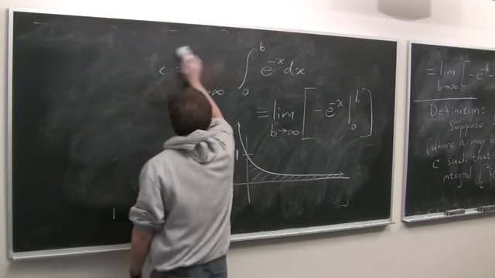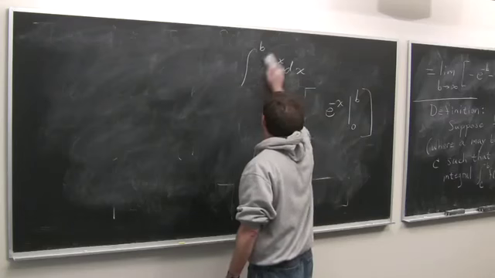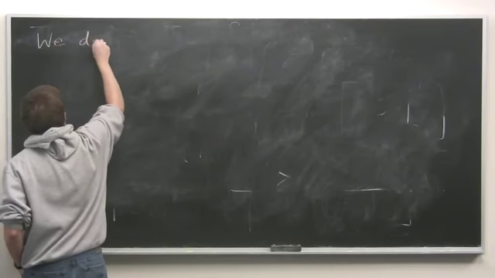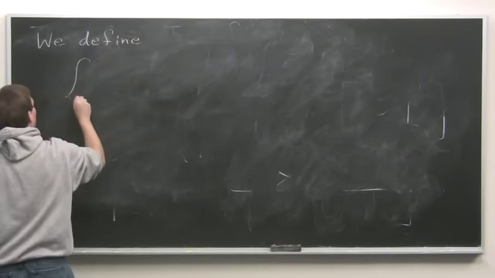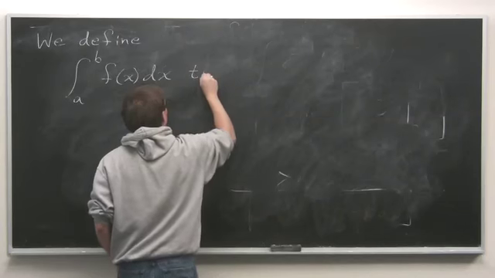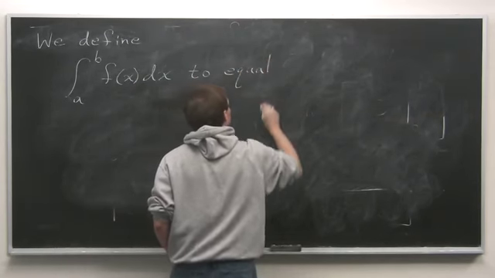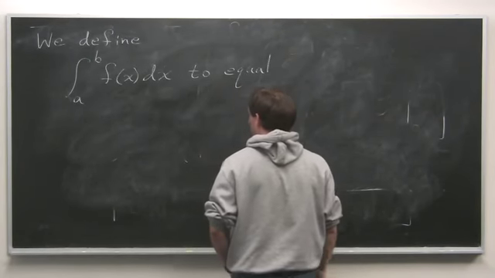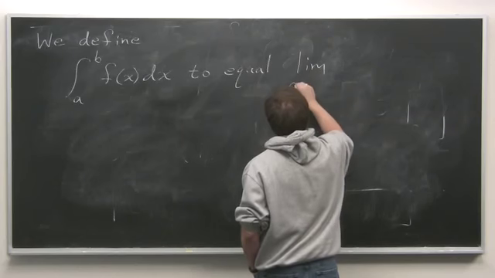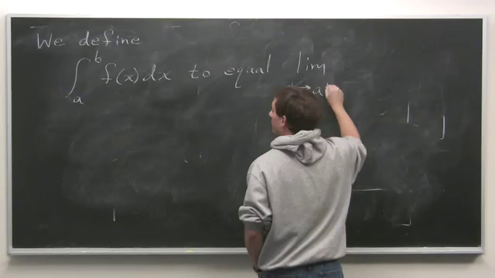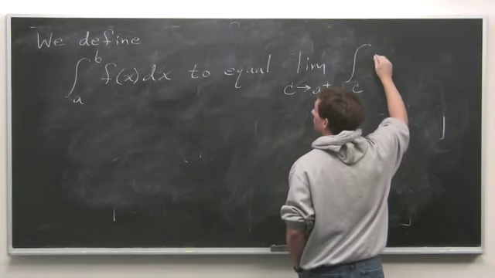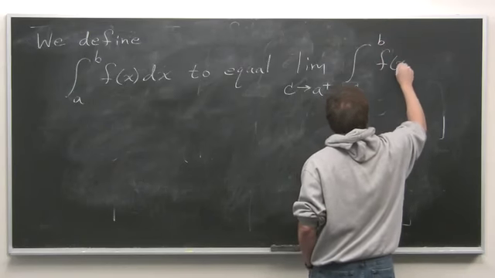In this case, we do what we've done so far. You define the integral from a to b of f of x dx to equal, and this really requires a definition for our functions if they become unbounded, or if a is negative infinity, the limit as c approaches a from the right of the Riemann integral from c to b of f of x dx.